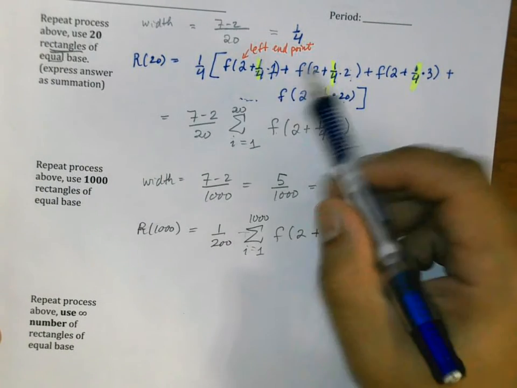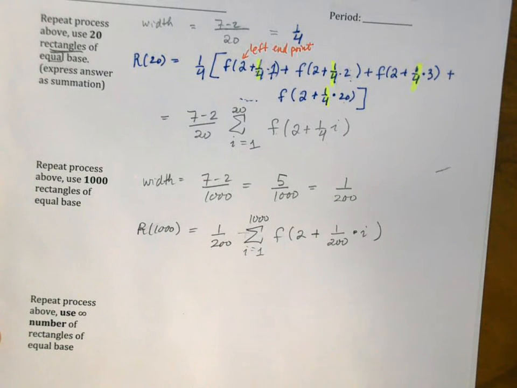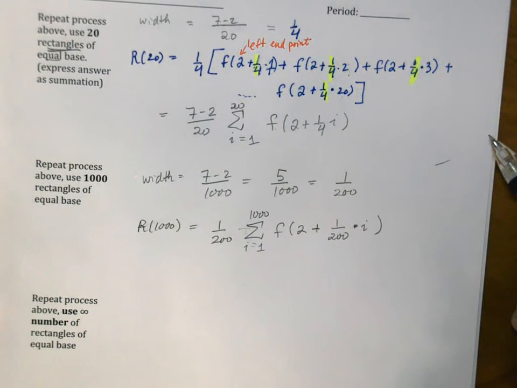So i is going to count from 1, 2, 3 all the way up to 1,000. Okay.